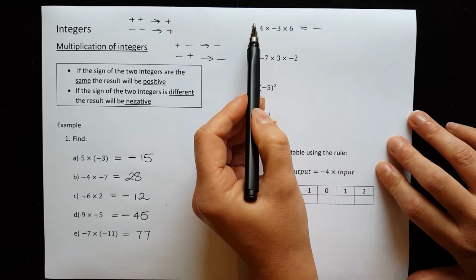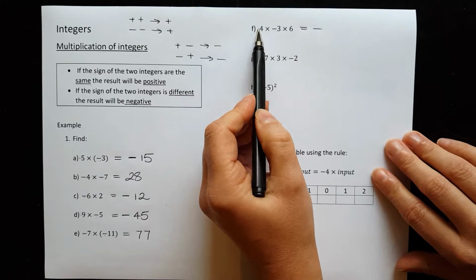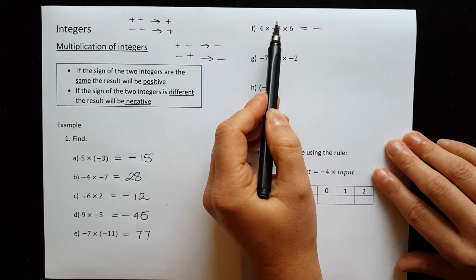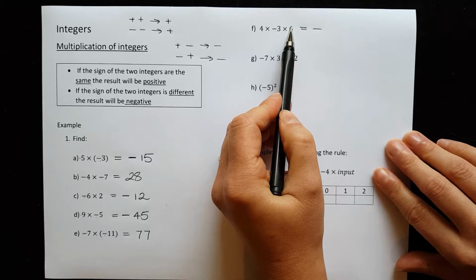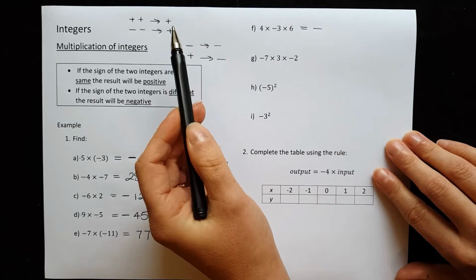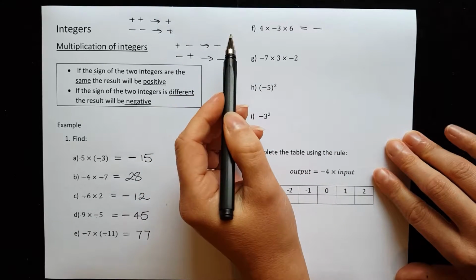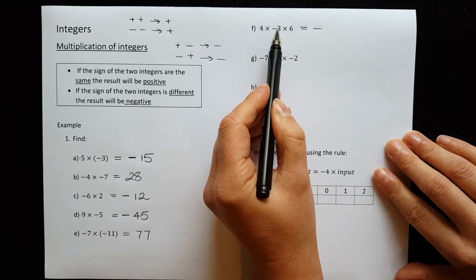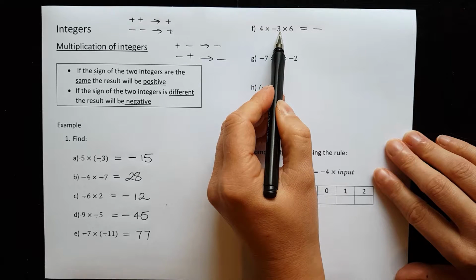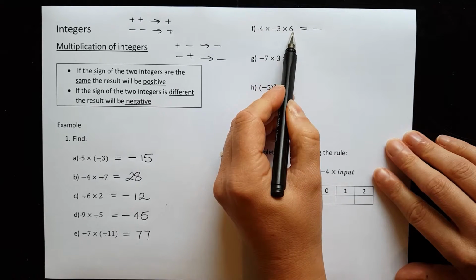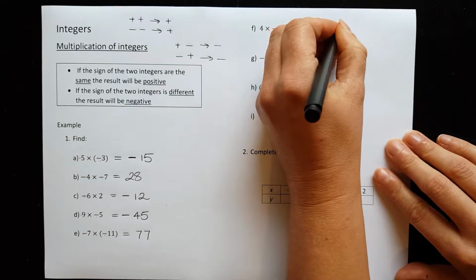Let's do it again just to make that clear. Positive and negative makes negative. Negative and positive makes negative. All right, now forget about the minus sign. Let's just multiply the numbers. 4 times 3 is 12. And 12 times 6 is 72.